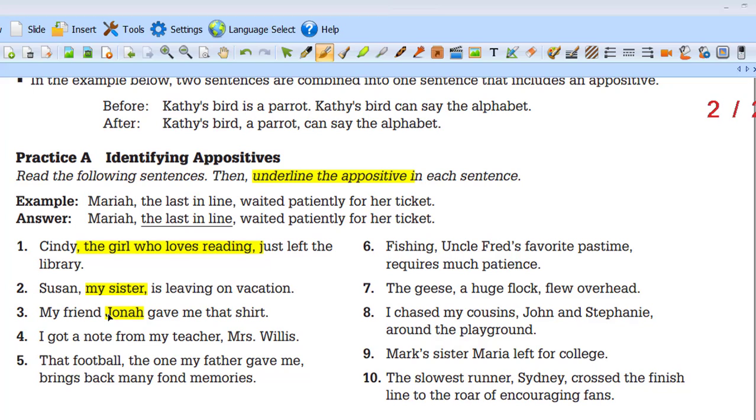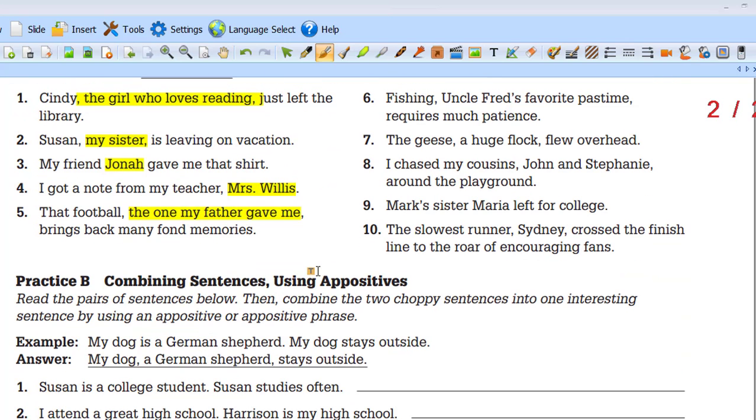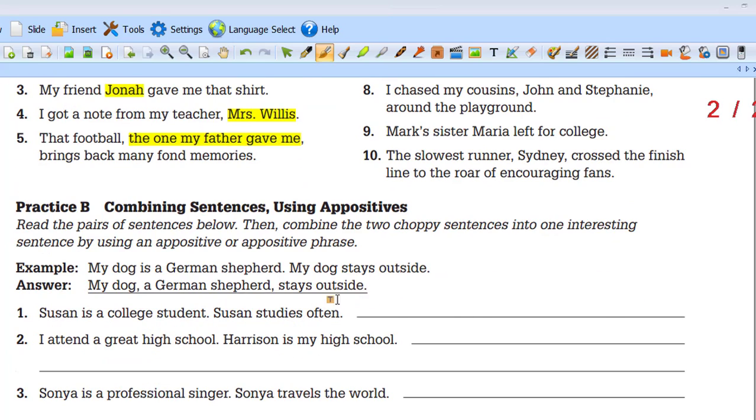Then we have Mrs. Wells. This is an appositive. Another appositive here, the one my father gave me. And the rest is the same here. You can continue answering the other sentences yourself.